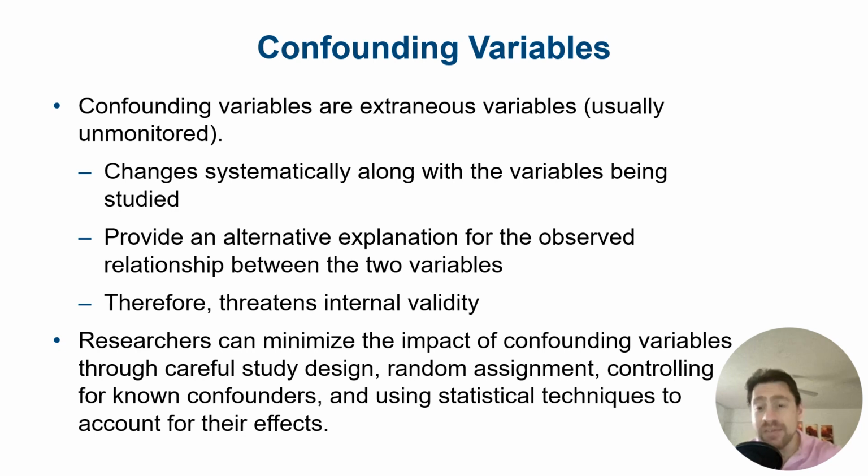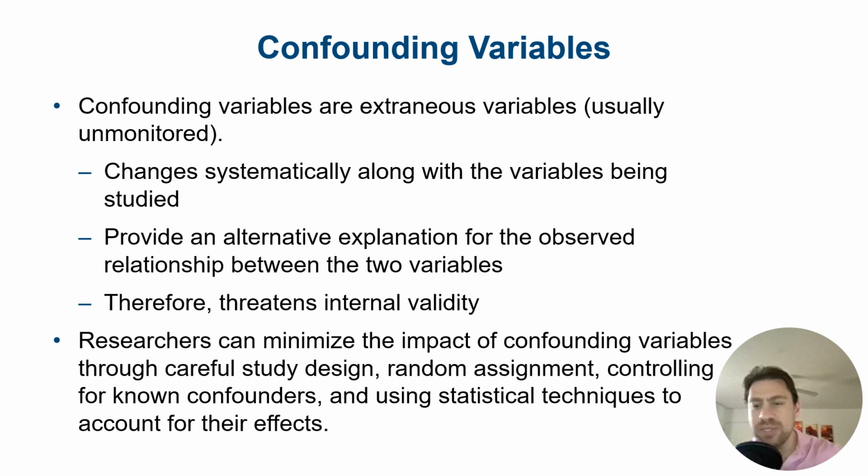Now, this can create serious problems because if you have a confound that offers an alternative explanation for your results, it threatens internal validity. Suddenly, you can't say with any certainty that your results are being caused by the hypothesized relationship between the variables that you're studying. It could be caused by this other explanation.